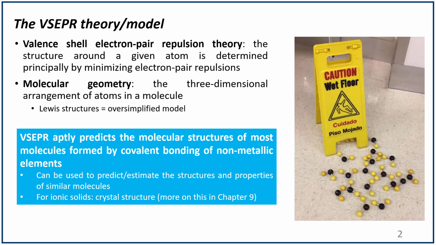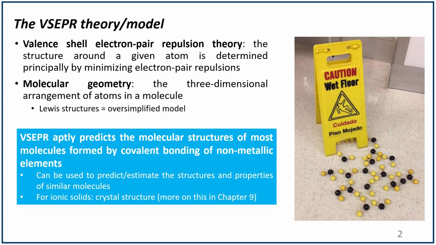And using the VSEPR theory, a theory which is very simple, it just says that if you have electrons which are bonding, and if you have electrons which are non-bonding, regardless of whether they're non-bonding or bonding in a compound, they have negative charges and would want to repel other negative charges as well.